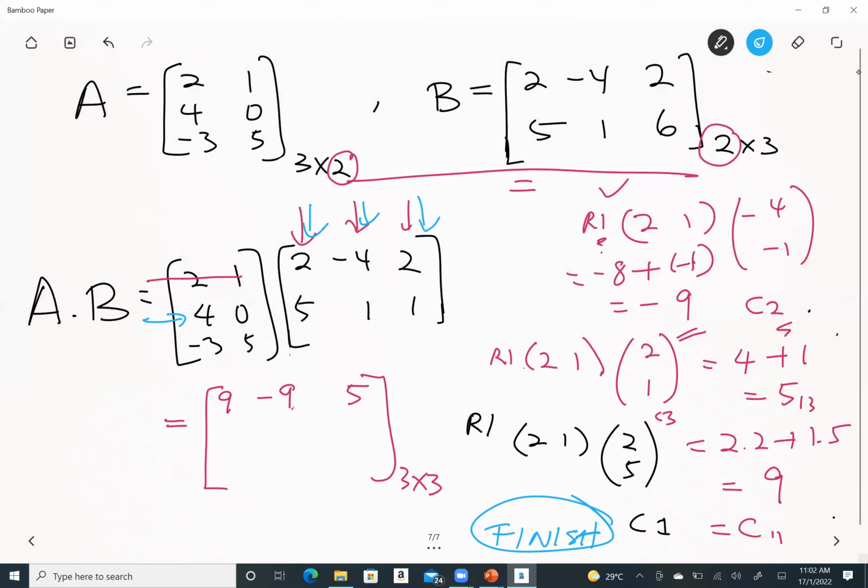Okay, anybody has a problem with this multiplication? Addition, subtraction, easy. This one is not so easy. We have to multiply, then add. Okay, finish it up.